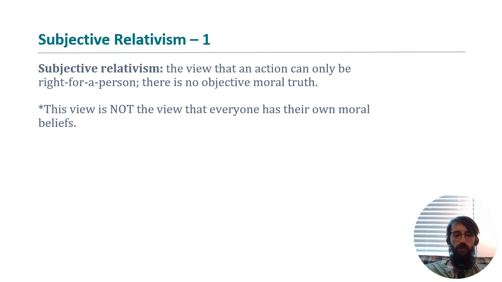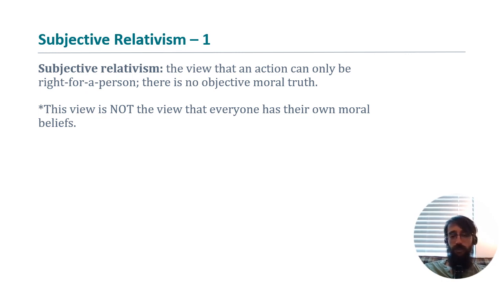All right, so this view, subjective relativism, it's certainly not the view that everyone has their own moral beliefs. Right? That's not what the view is. Anyone who denies that obviously true claim that everyone has their own moral beliefs would just obviously be mistaken. Right? We know that people have disagreements with one another all the time. They have differences in opinion about what's okay and what's not okay.